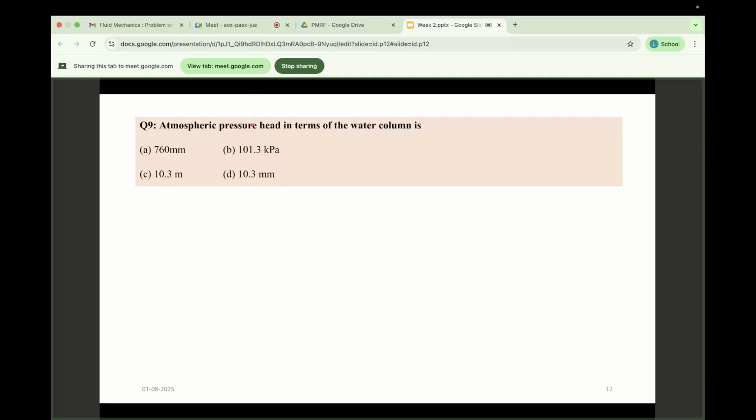So, what I am saying is that in the question you were asked to find this atmospheric pressure head in terms of this water column.